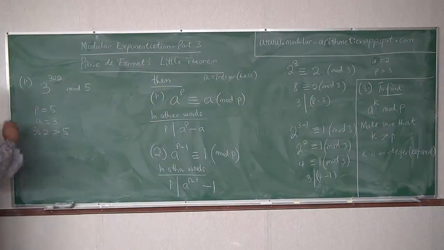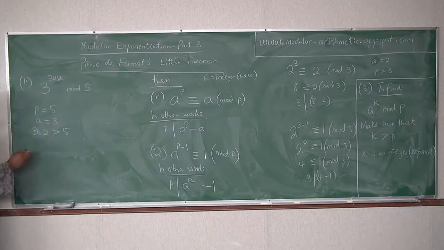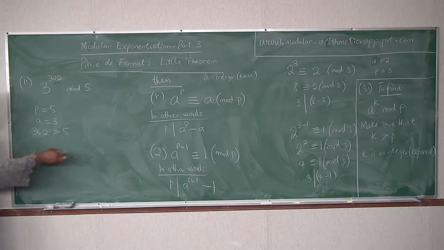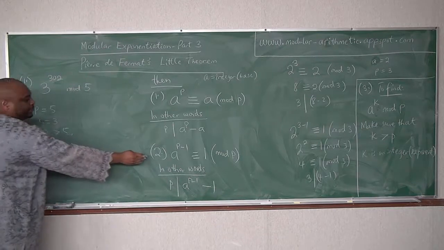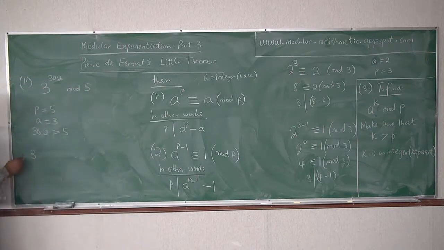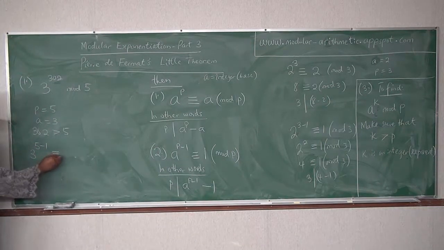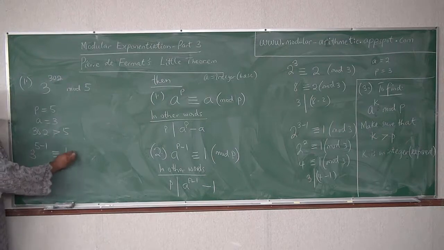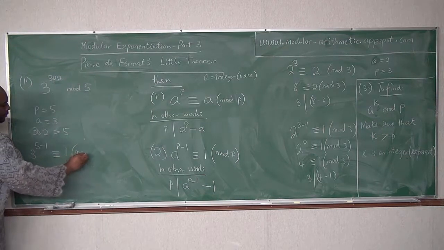Now, I'm going to use this number, because that's the main thing here. So 3 exponent 5 minus 1 is congruent to 1 in mod 5.